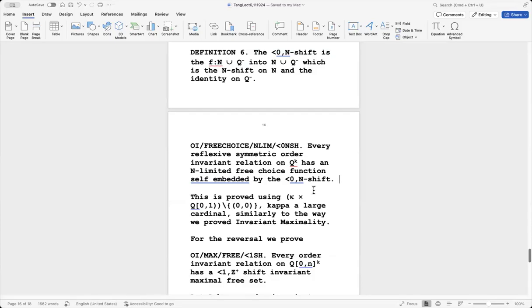Kappa is a large cardinal, as we did before in invariant maximality.